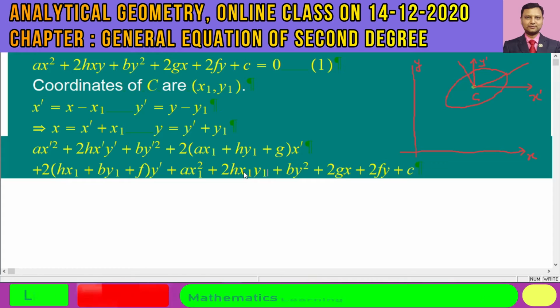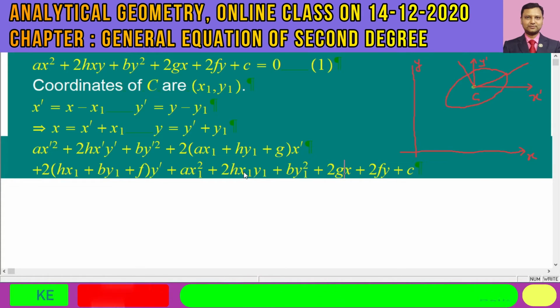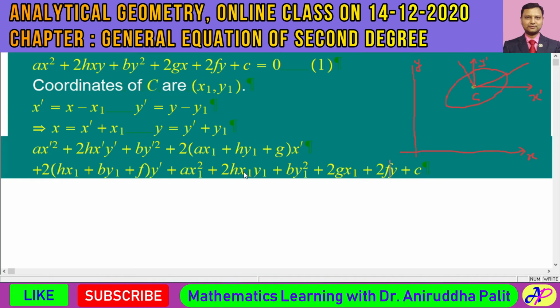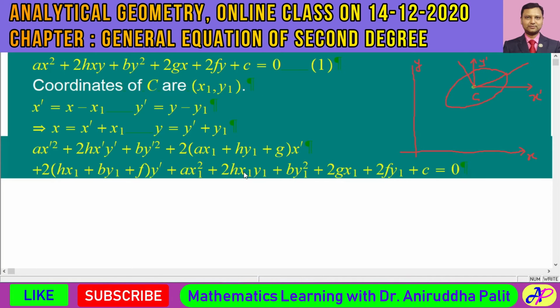These are easy techniques to remember. Plus c is equal to 0.